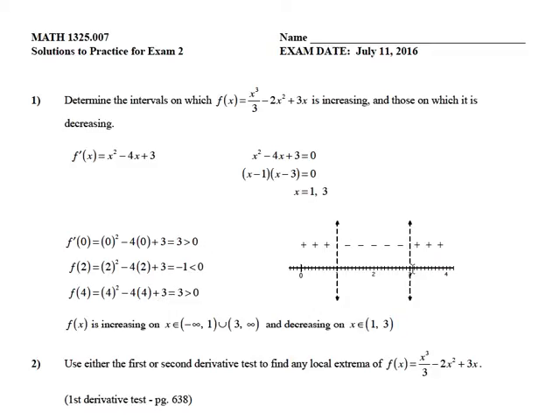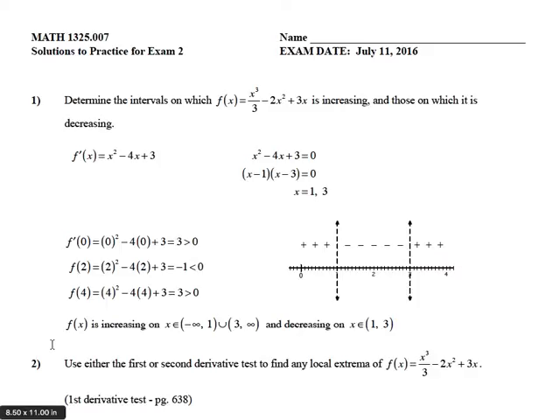And finally, in this interval, beyond x equals 3, I choose 4, and so that's 4 squared, which is 16, minus 4 times 4, which is 16, plus 3. And so 3 is the value of the derivative at 4. It says f of 2 and f of 4, but we know that it's f prime. And so 3 is greater than 0, which is positive, and so the derivative is positive on this entire interval.